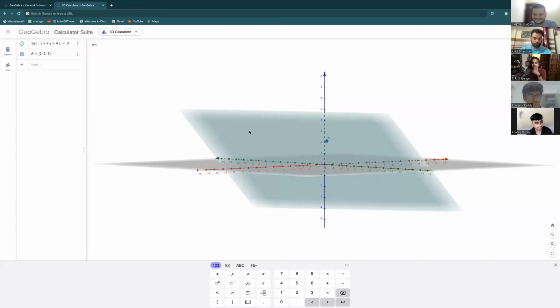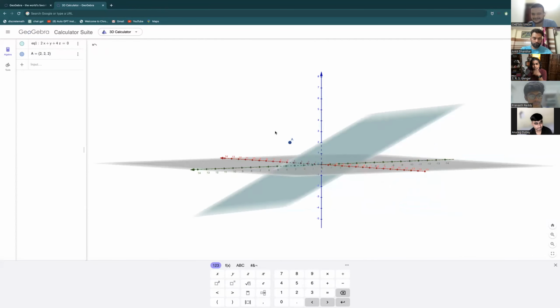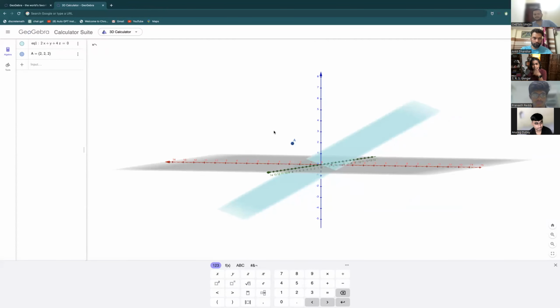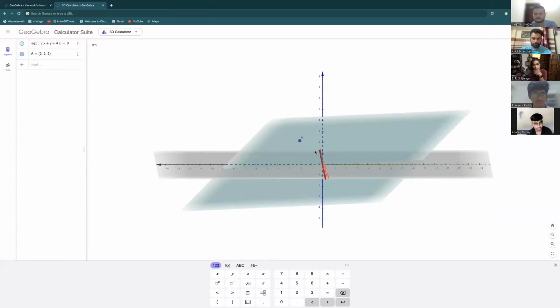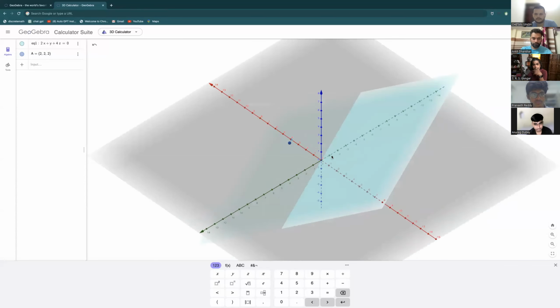All right. So here is the plane. Here is A. All of you, please put a thumbs up if you can do what I have given here. Okay.